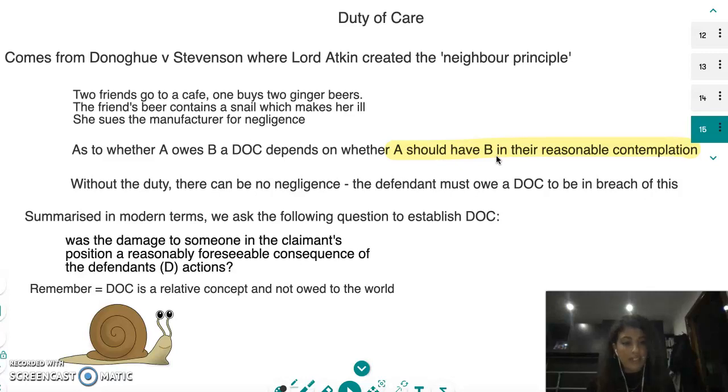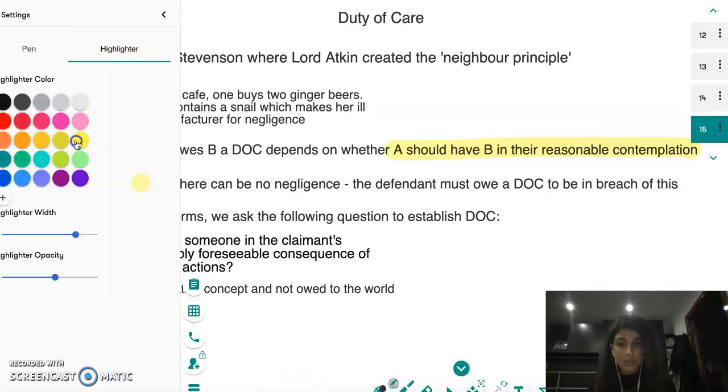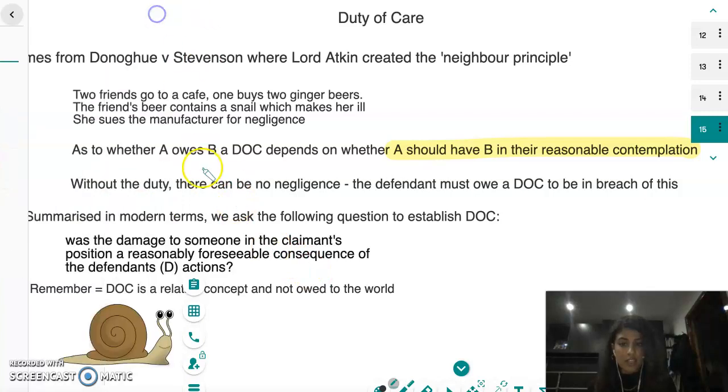A duty of care has to be established. Now that sounds a bit convoluted, so if we wanted to say what this meant in modern terms, we ask, was the damage to someone in the claimant's position a reasonably foreseeable consequence of the defendant's actions? And it's this idea of reasonable foreseeability that's really key.